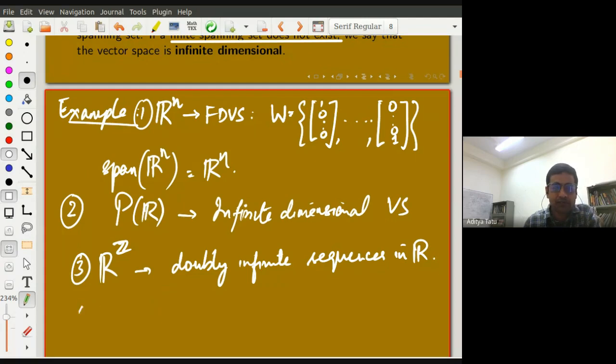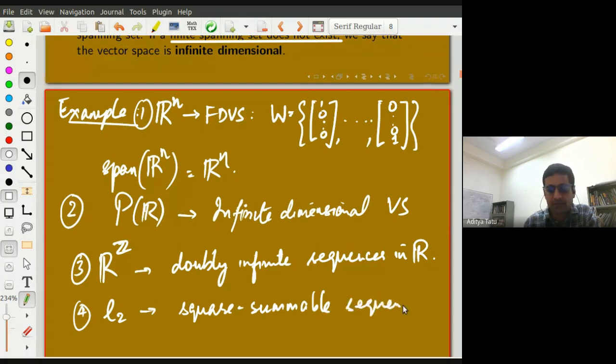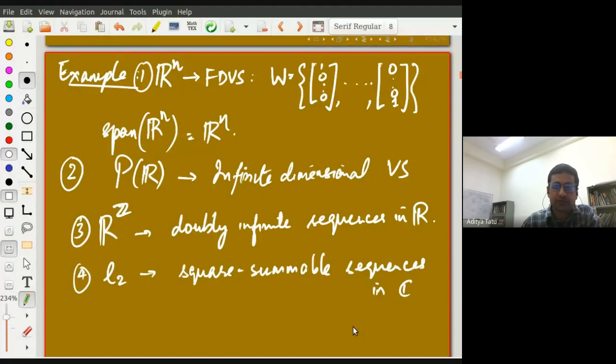Little l2, right? Square summable sequences in C. This also is an infinite dimensional vector space.